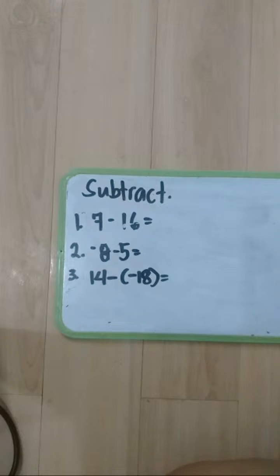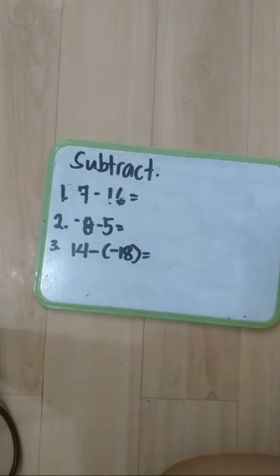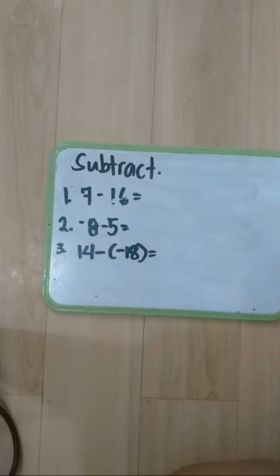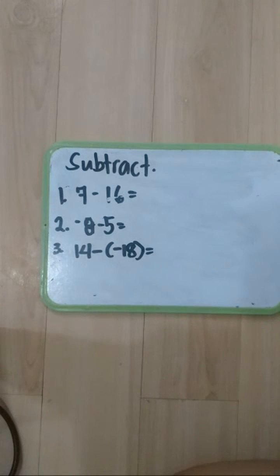Number 1 is 7 minus 16. Number 2 is negative 8 minus 5. Number 3 is 14 minus negative 18. Type done kung tapos na.